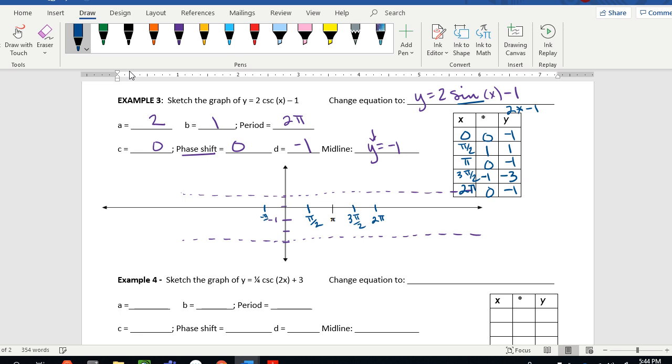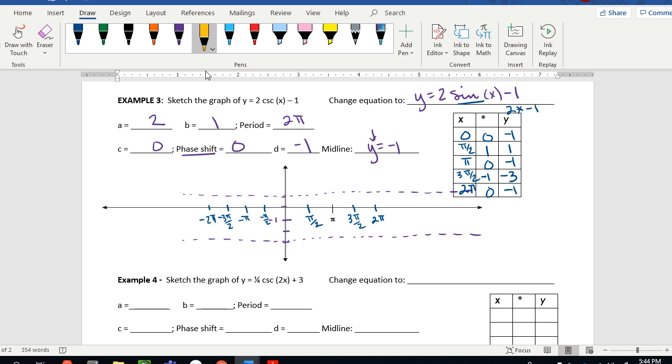Negative pi over 2, negative pi, negative 3 pi over 2, and negative 2 pi.